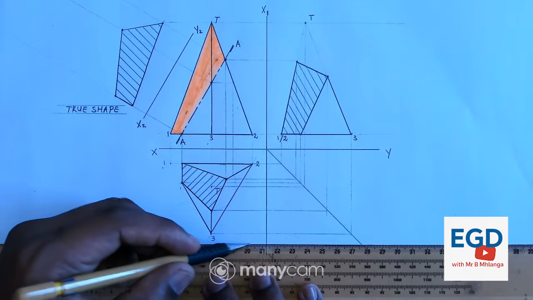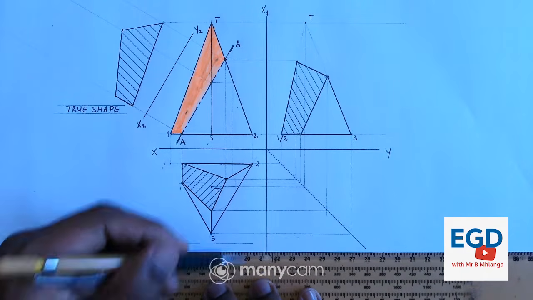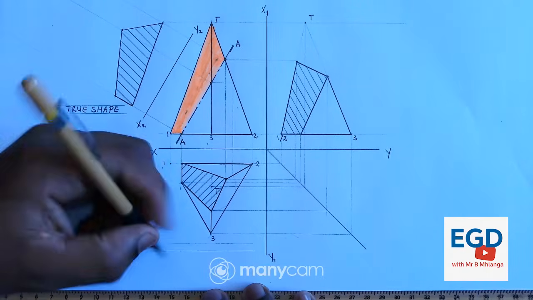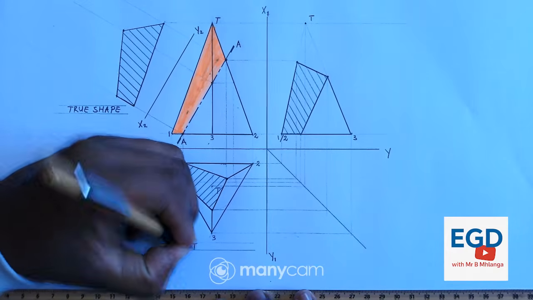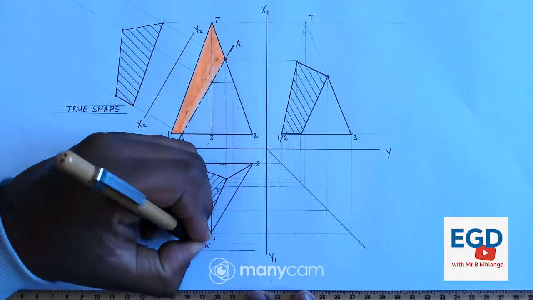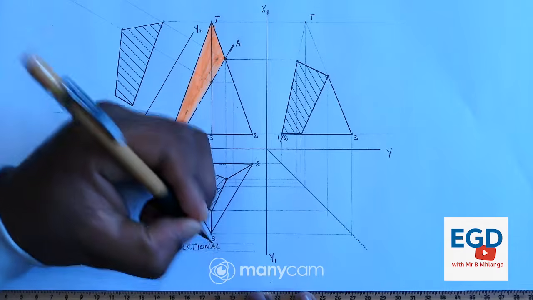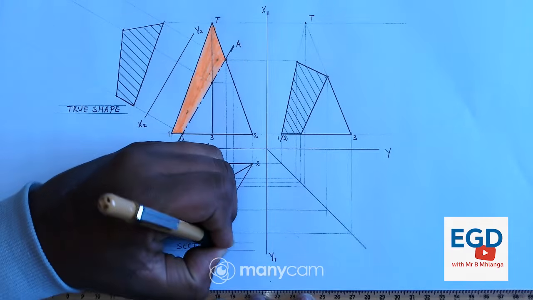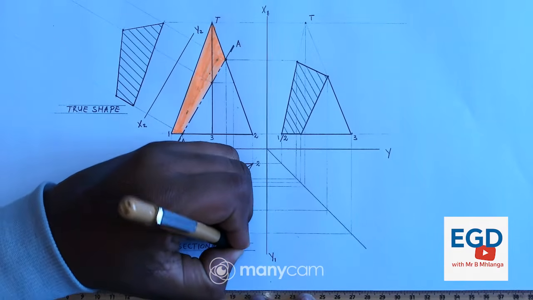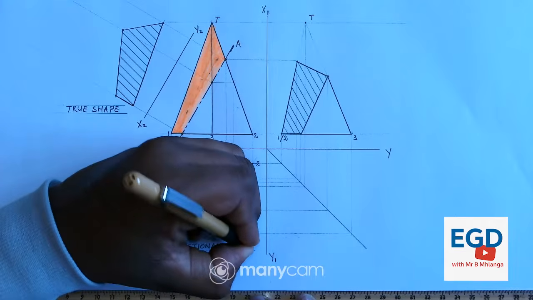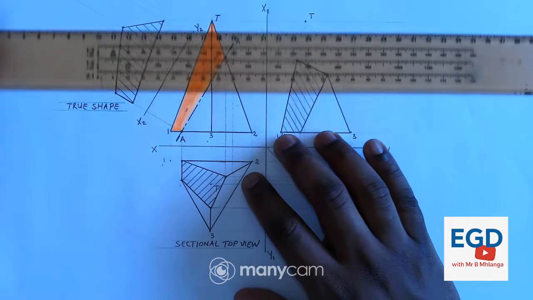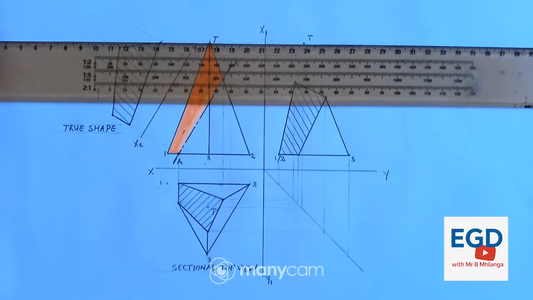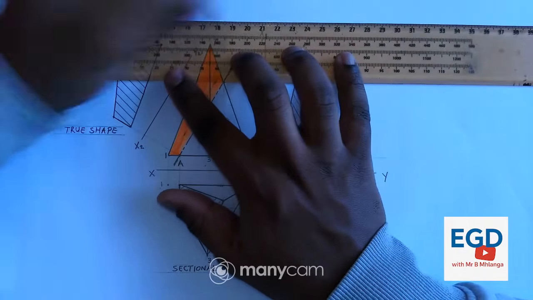This is our sectional top view. Just label this 2 at the top there.